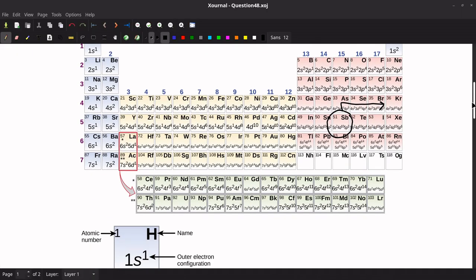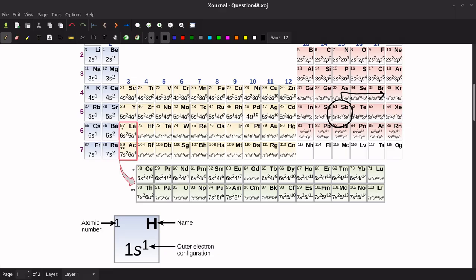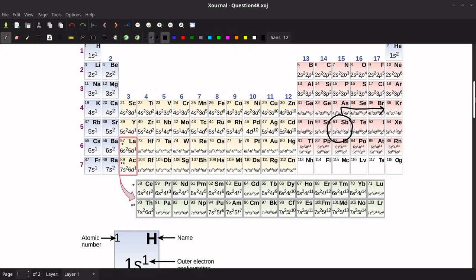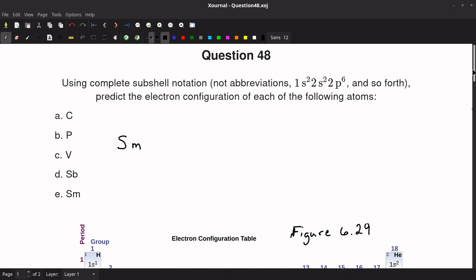We're going to write down its valence portion here, 6s2 4f6.